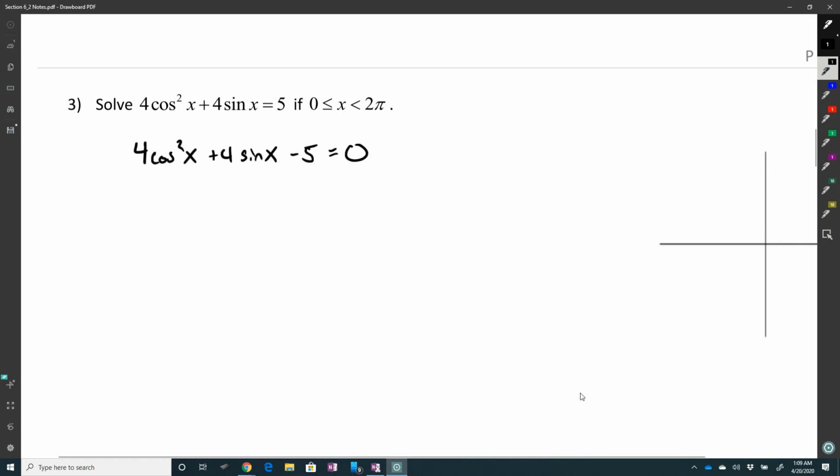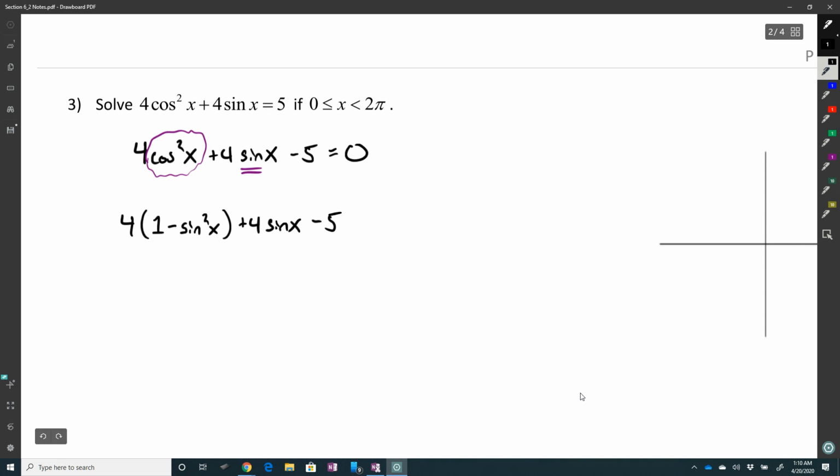All right. Now, here, my variable is sine of x, and I know that I can change this to be in terms of sine. So I'm going to go ahead and do that. Cosine squared x is 1 minus sine squared x. And from there, we just kind of crank it out and see what we get.